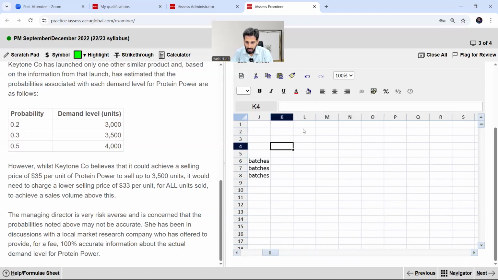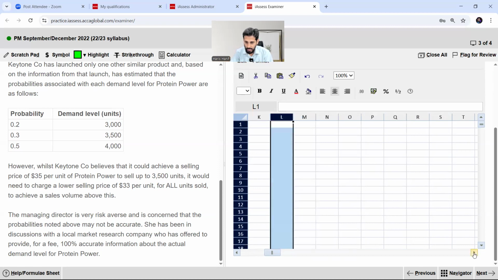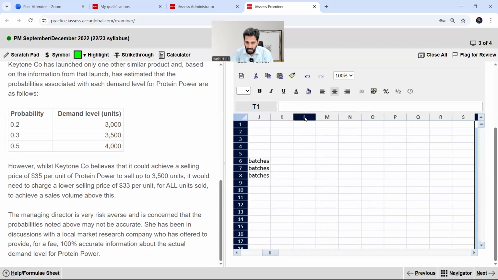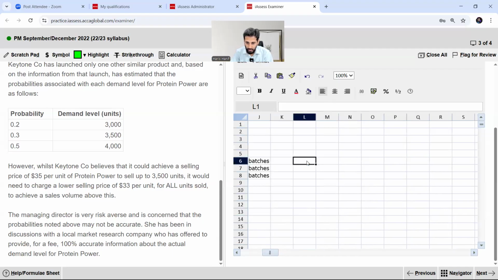Okay, so I'm now starting from this cell number L. This is my sales, my variable costs, right?